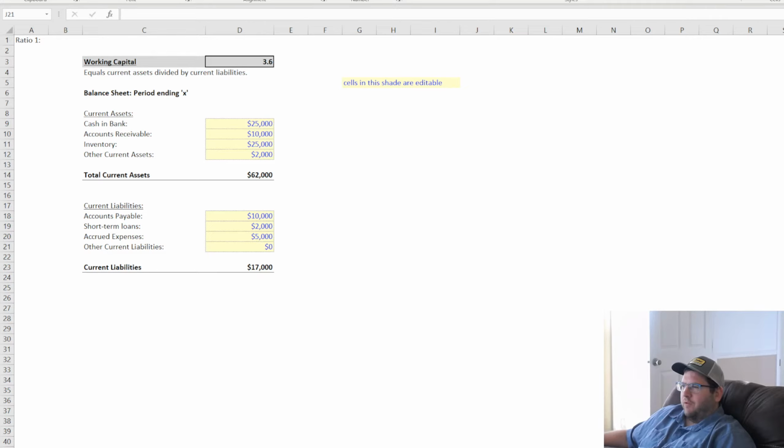It serves as a metric for how efficient a company is operating and how financially stable it is in the short term. Working capital ratio, which divides current assets by current liabilities, indicates whether a company has adequate cash flow to cover short-term debts and expenses. So if you're the CFO, you definitely need to know this.